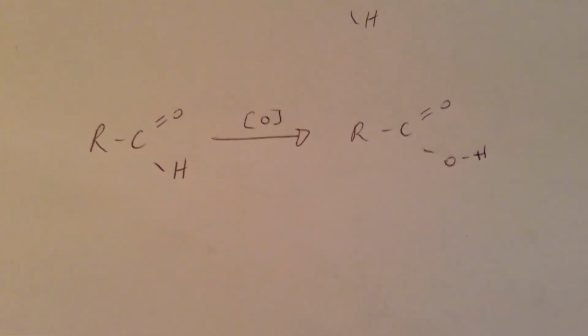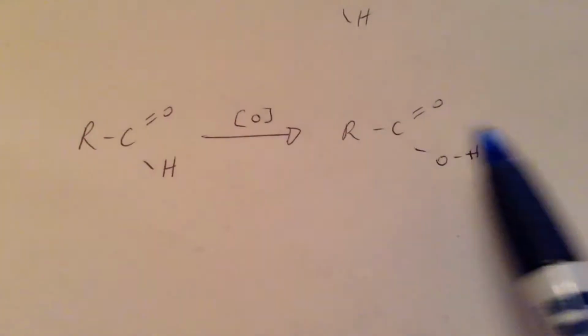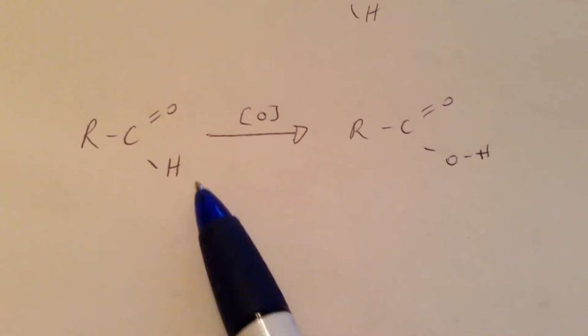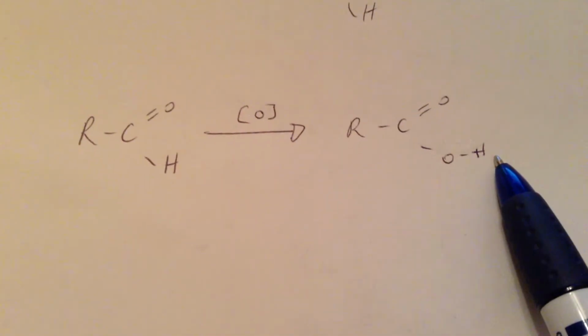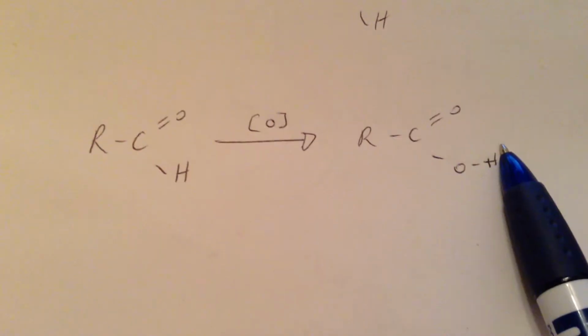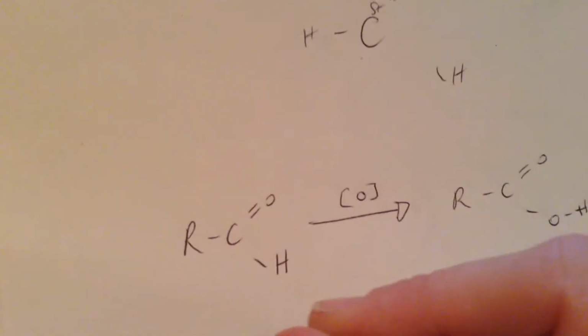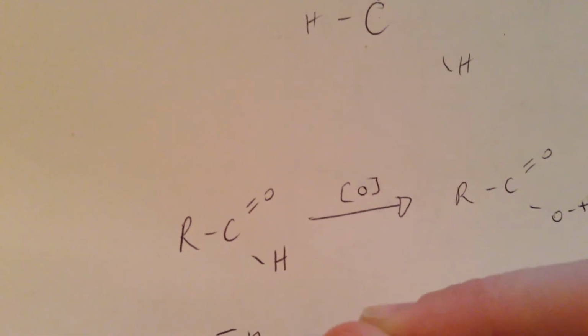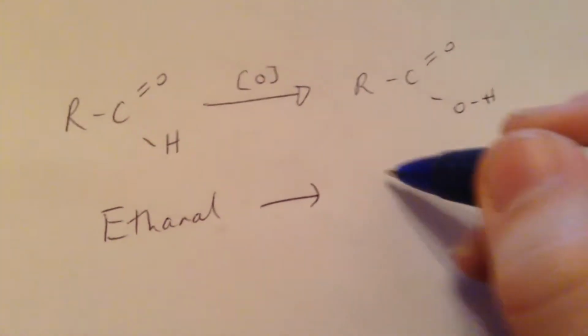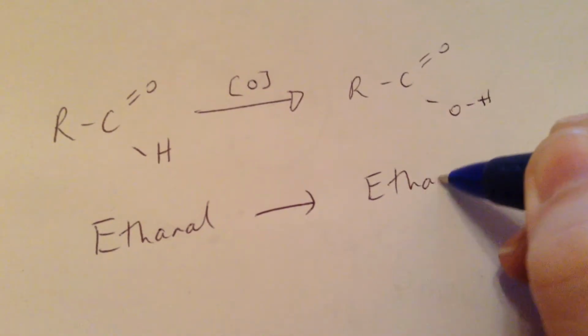And I'll zoom out a wee bit so you can see. So basically the only area that's changed is this hydrogen has become an OH, converting that from an aldehyde into a carboxylic acid. Naming it then, if you start with ethanol, the corresponding carboxylic acid is just ethanoic acid, okay?